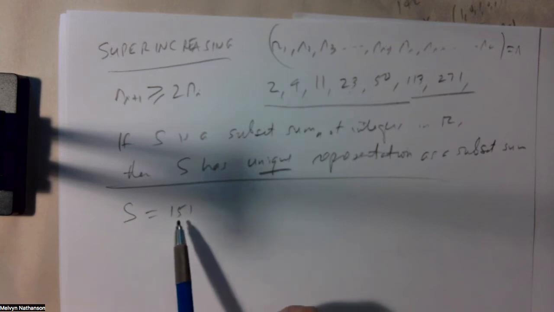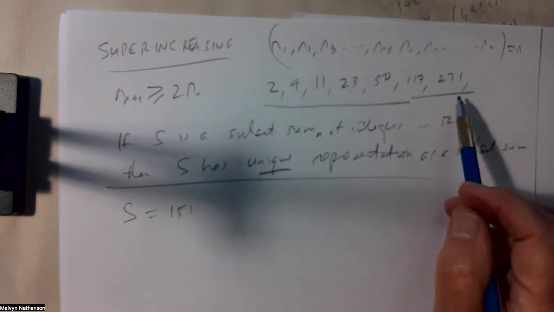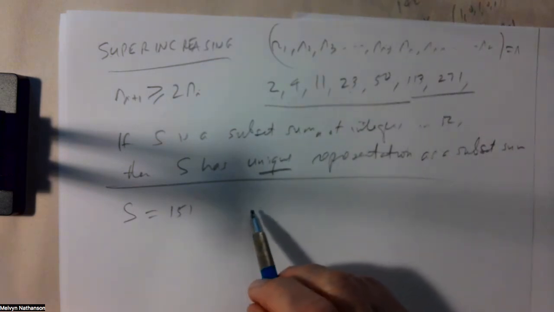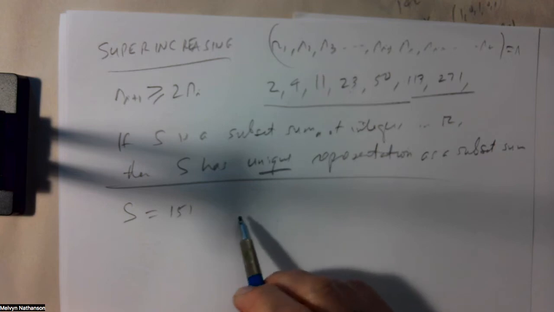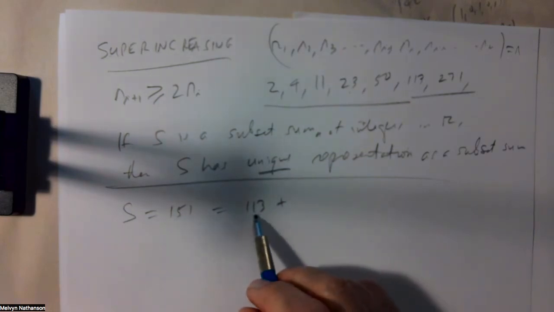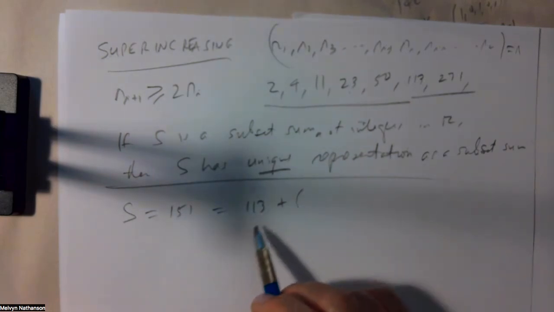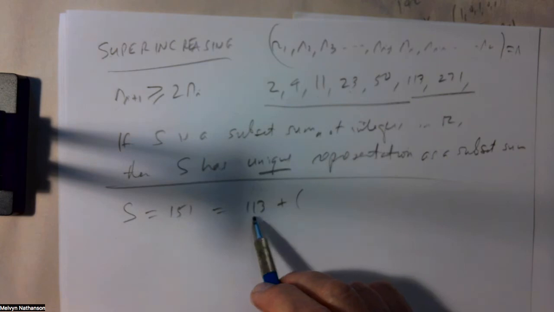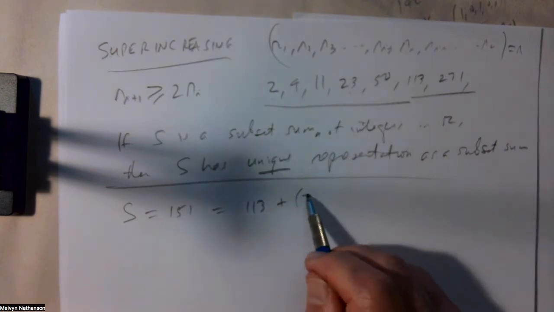All I have to do at every step is pick the largest number I can that could be an element in the subset sum. So 271 is too big, but I could take my first number to be 113. So this is 113 plus, let's see, what is left? 38, I think, plus 38.